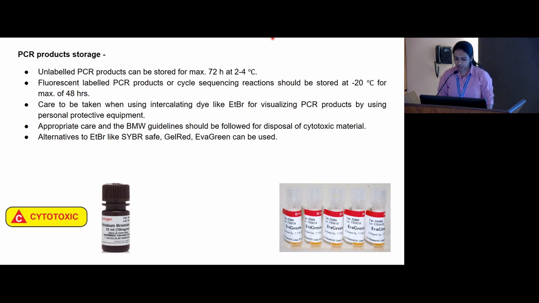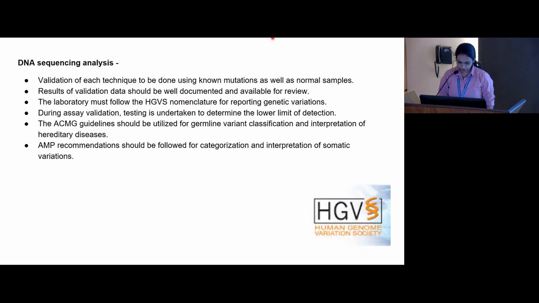For example, in our lab, we strictly follow the biomedical waste guidelines, and appropriate care and biomedical waste guidelines should be followed for disposal of cytotoxic material. Also, alternatives to EtBr like SYBR Safe, Gel Red, or EvaGreen can be used.